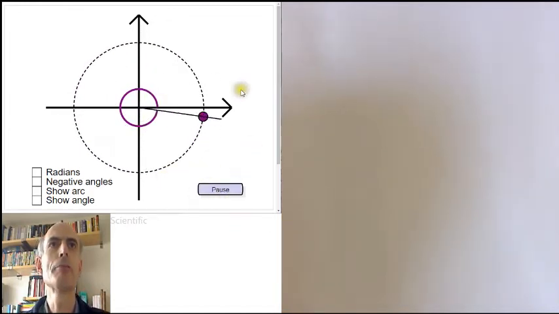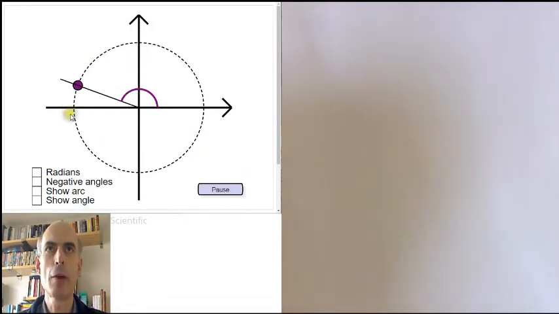Here we have a dot moving around a circle, and it moves around the circle with a frequency.